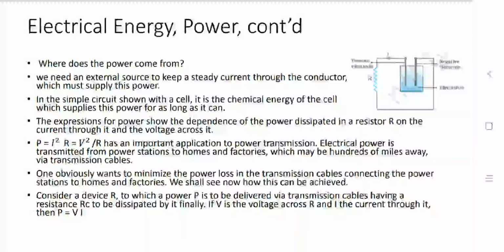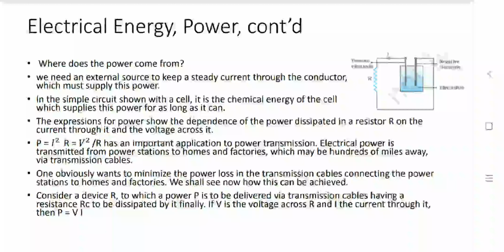Right? Now, to understand power transmission, for example, electric power is transmitted from the power supply to our home or factory or our school, anywhere. Between the power station and our home, the distance is very large, hundreds of miles. As the distance increases, power loss is obviously higher, but we want to minimize that power loss.